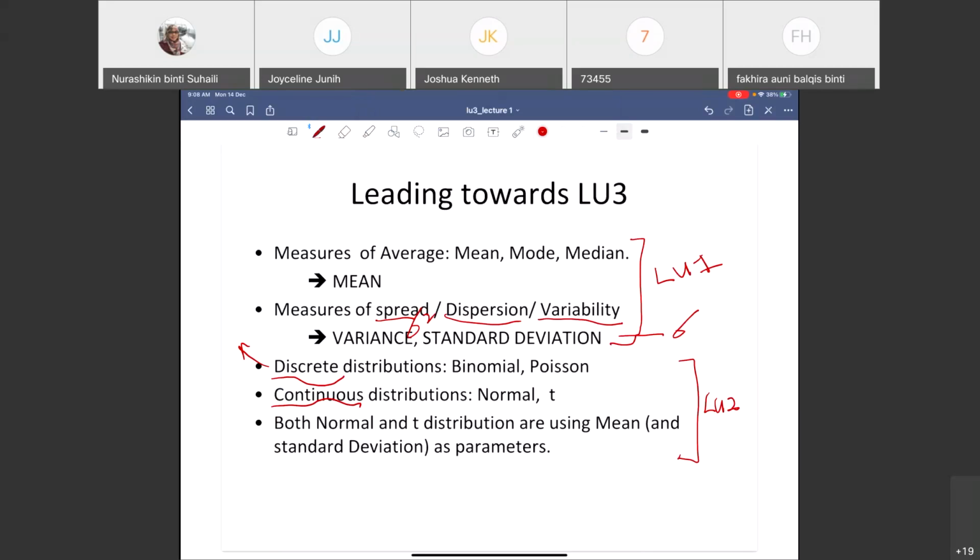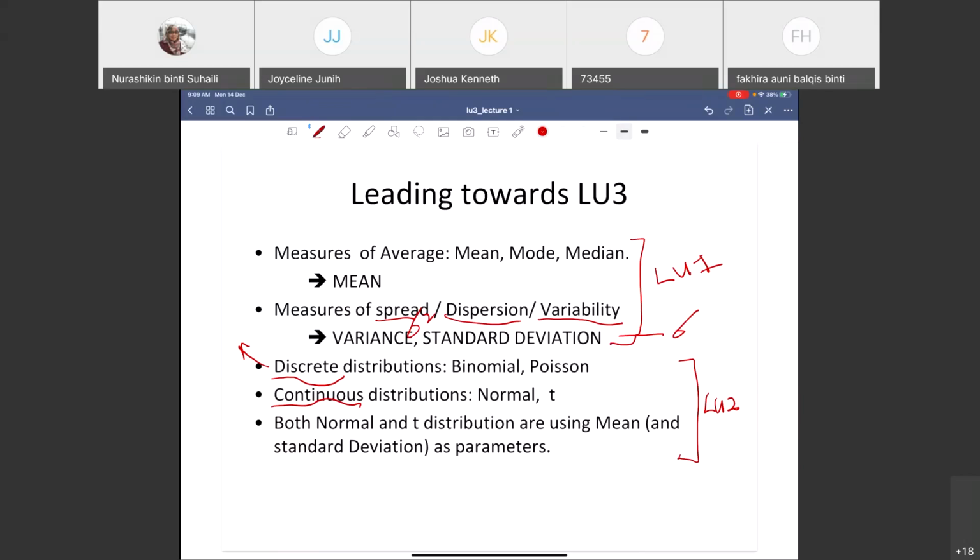That is discrete distributions, and after that we talk about continuous distributions. Continuous means it has decimal points in terms of the number. So for example, like height, I mentioned before, right? 150.1, 150.2, 150.3. So there are people who have those heights. So the distribution is continuous. That's why it's called continuous. So under continuous distribution, we talk about normal distribution.